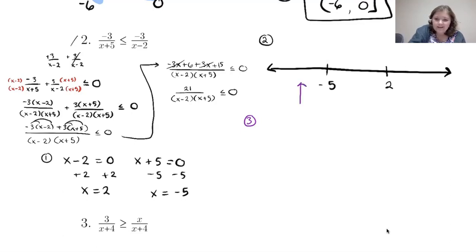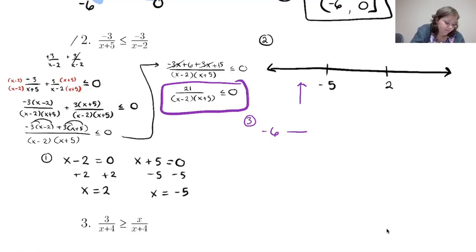So let's first test the interval that's less than negative 5. So I'm going to plug in negative 6, and I'm going to plug it into this version, the version that is in the form that we want.